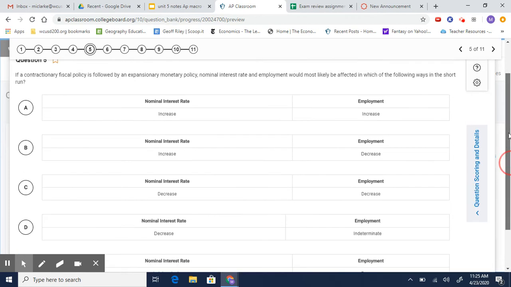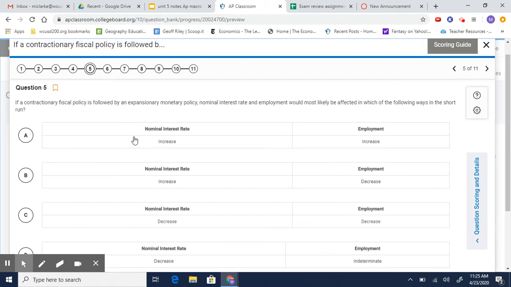Okay? So you got to know how to be able to read that organizer and think through some of these types of policies that are at play here. All right, so I'll leave it at that.